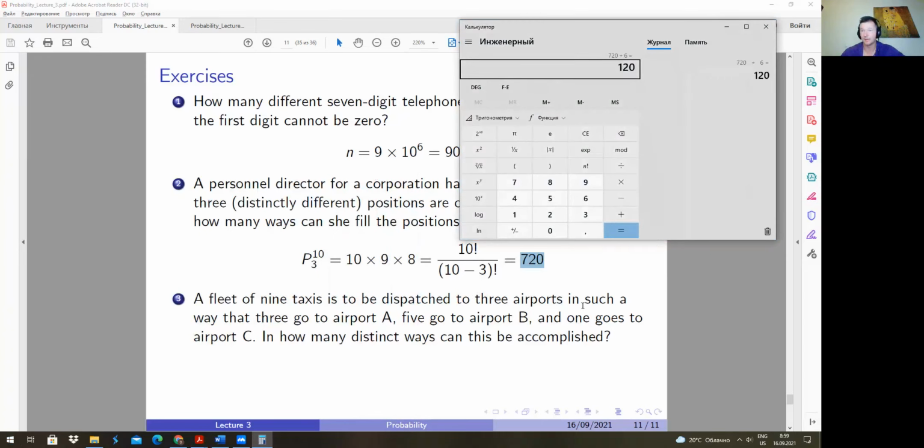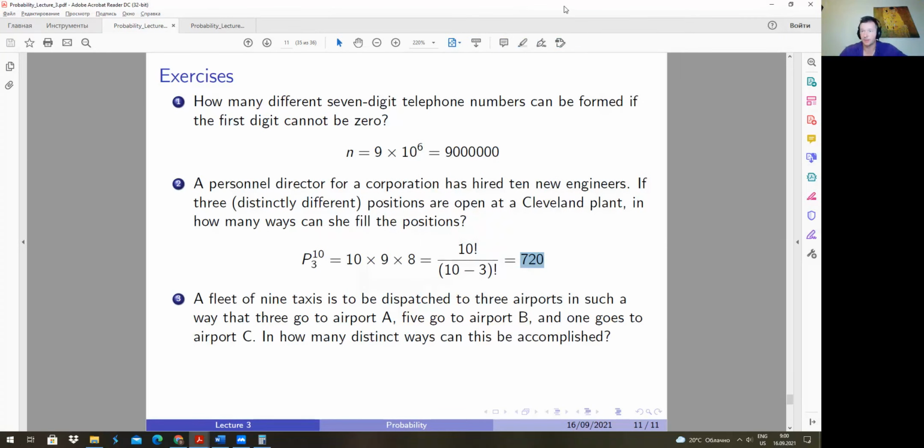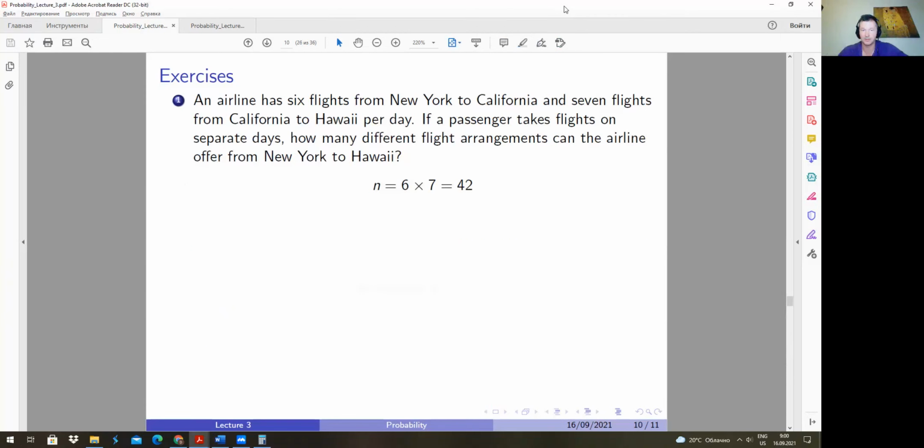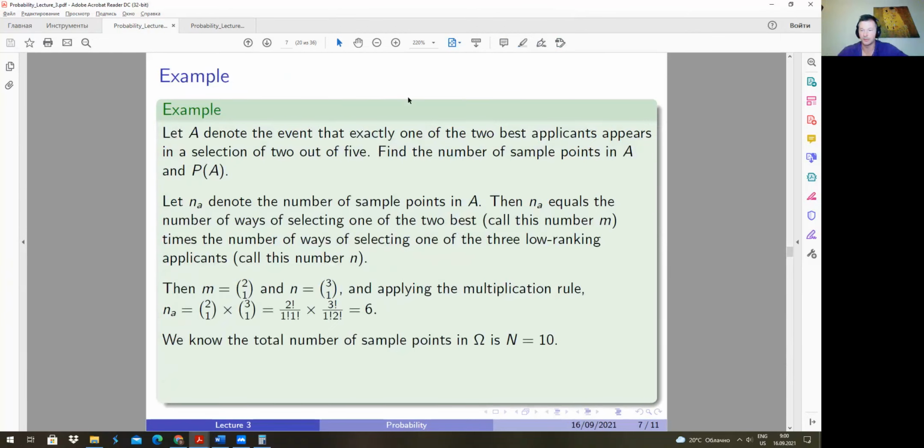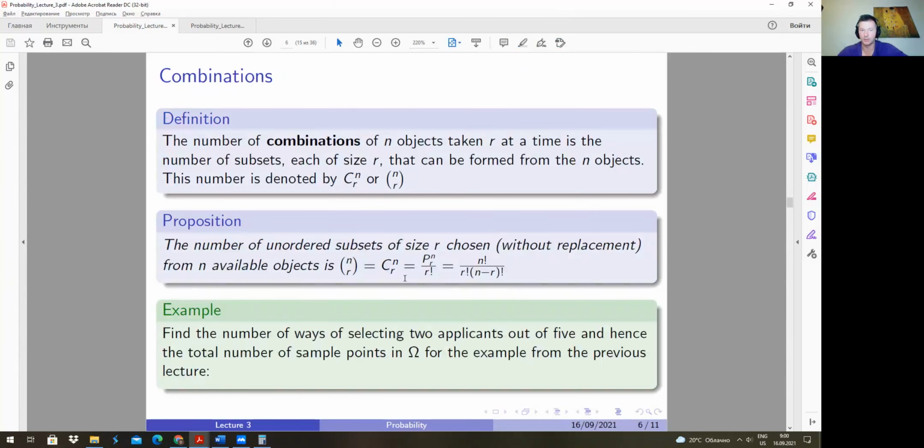If there are no distinct positions, then it's 120. Combinations, yes. That's exactly the difference, whether the order matters or not. If order matters, we don't divide. If it doesn't matter, then we divide. Yes, exactly. So the relation between permutations and combinations is shown here. You either divide by r factorial or not. More questions?